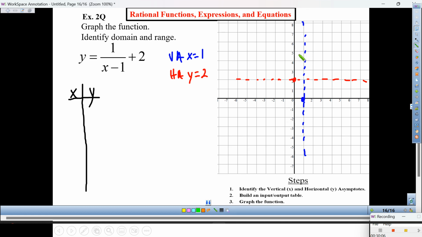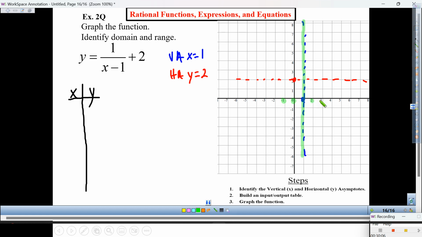Identify your vertical asymptote. All right, here it is. Look up, please, or you're going to miss it. It's going through this number right here. And I need you to choose 2 numbers from the left side and 2 numbers from the right side, and that's going to be our domain. So what 2 numbers am I going to choose from the left side? -1 and 0.